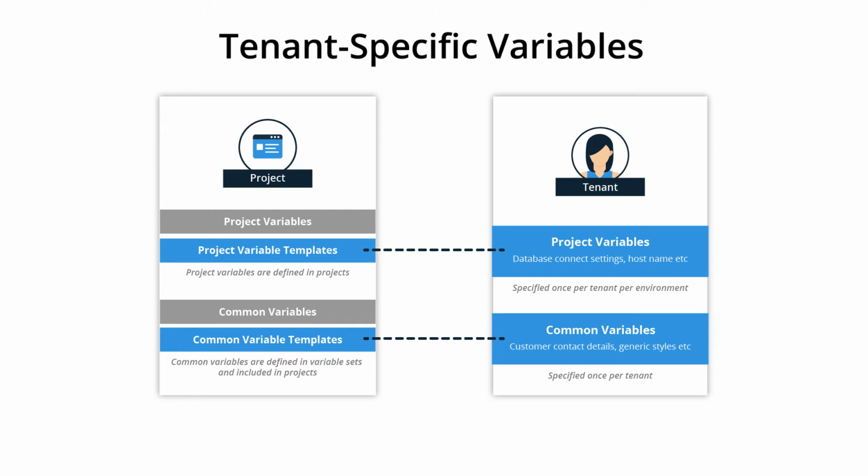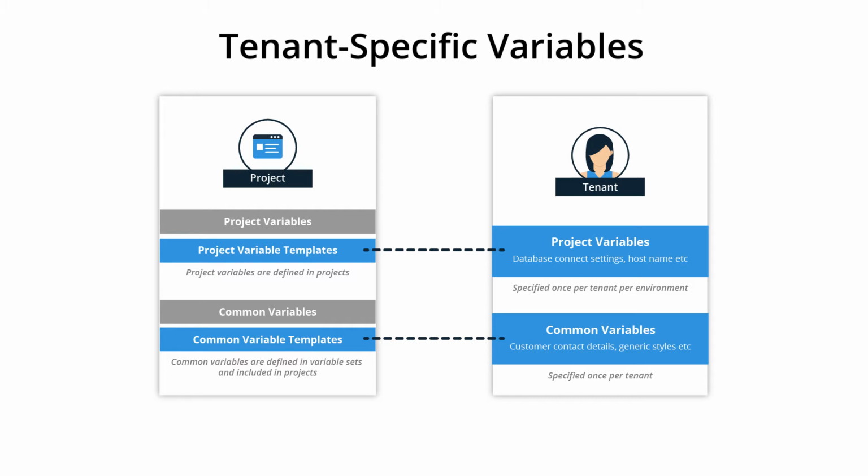Projects also include support for variable templates, whose values are required for each tenant connected to a project. This allows tenants to provide different variable values for each project and environment combination. Common examples are database connection details and host names.